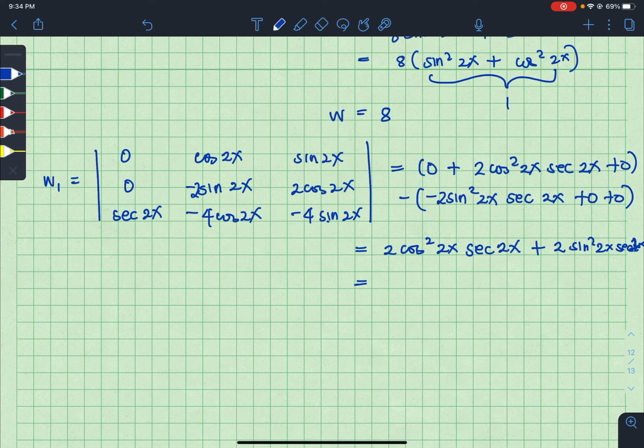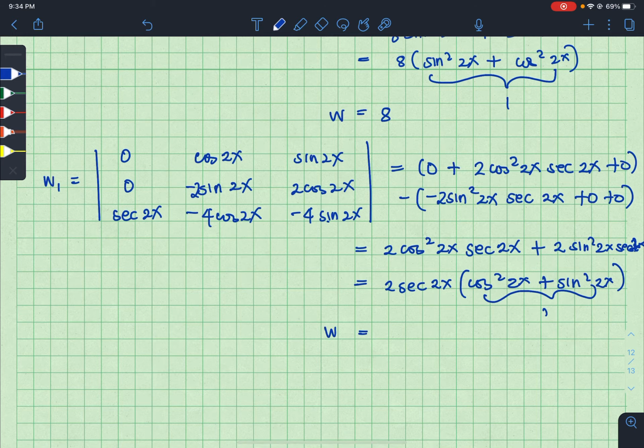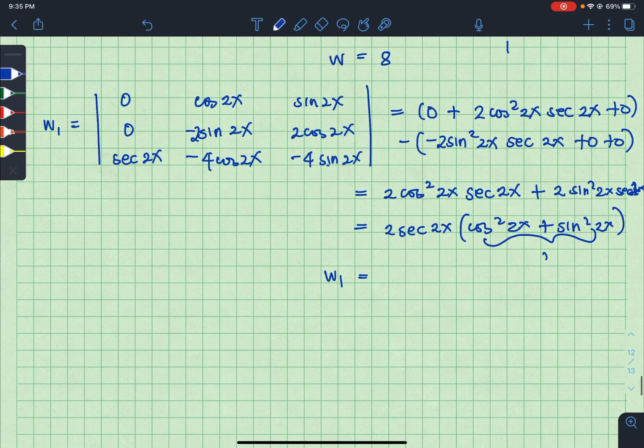Just simply 2 secant 2x times cosine squared 2x plus sine squared 2x. Again, this is 1. So therefore, W sub 1 is 2 secant 2x.